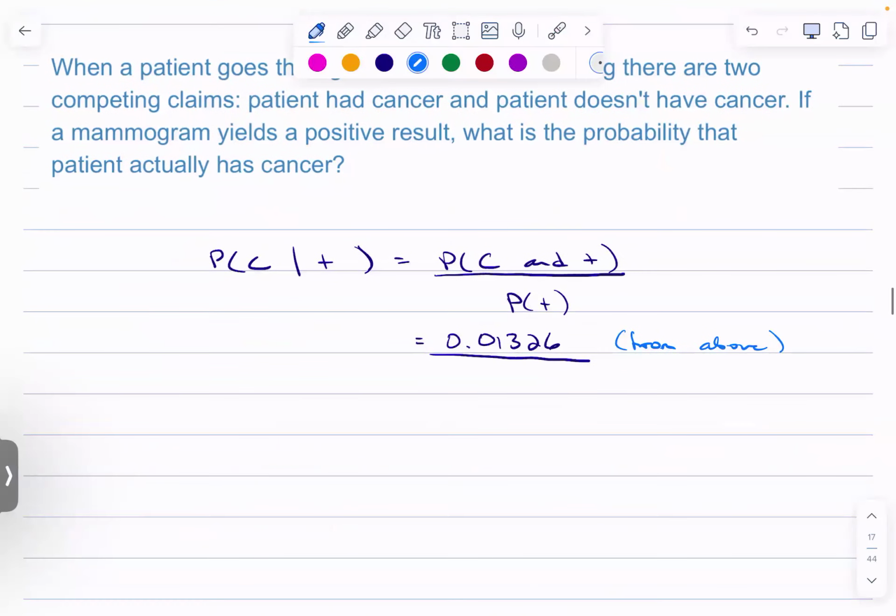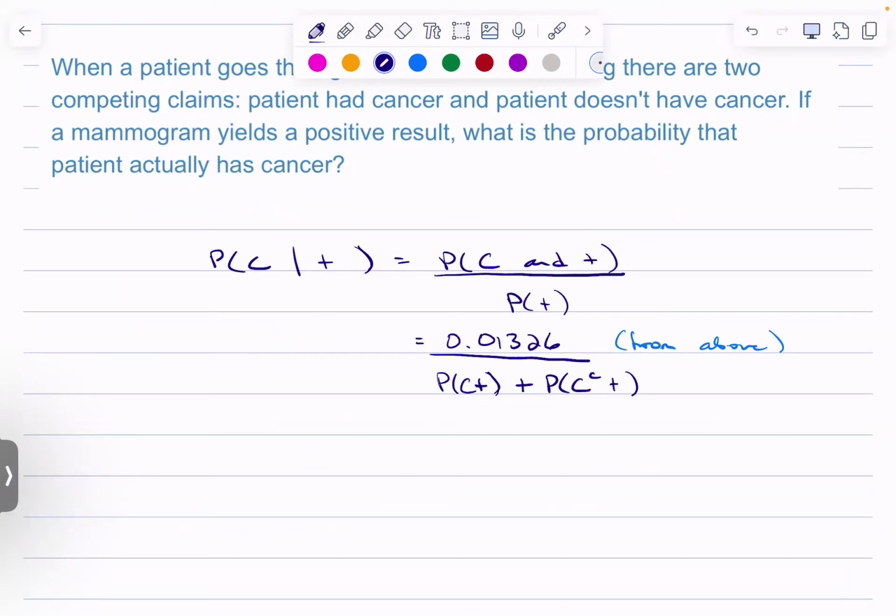And so over the probability of cancer and plus, or probability of not cancer and plus, using my shorthand, ditching the and.